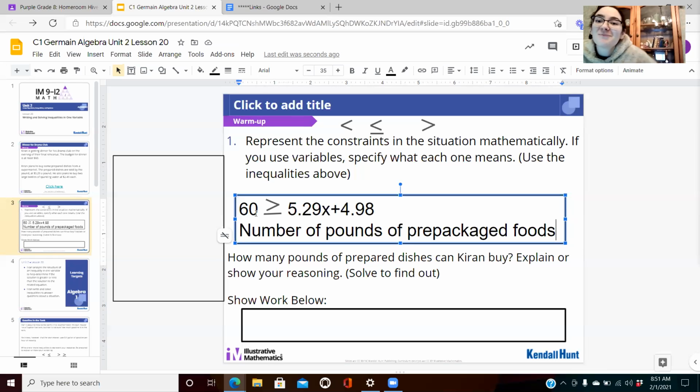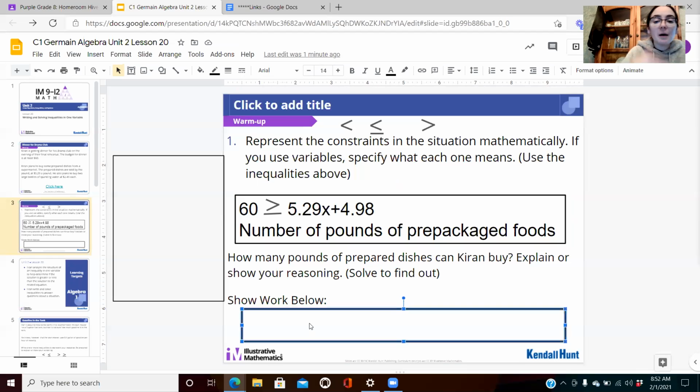Nice job, Sadie. Sadie's saying that no, we couldn't because you would go over the amount of money. Good, because it cannot be larger than $60. So if I were to round it to the nearest pound, what pound would I have to round it to? 10.4 rounds down to 10 pounds.